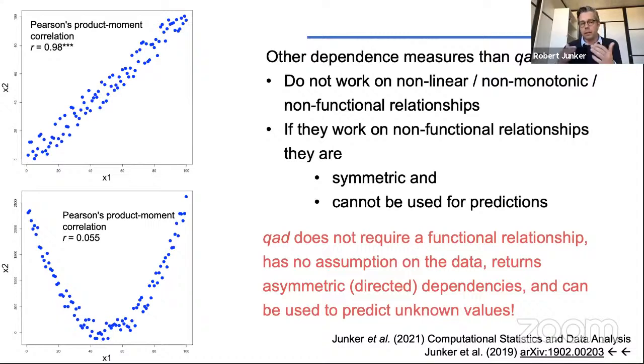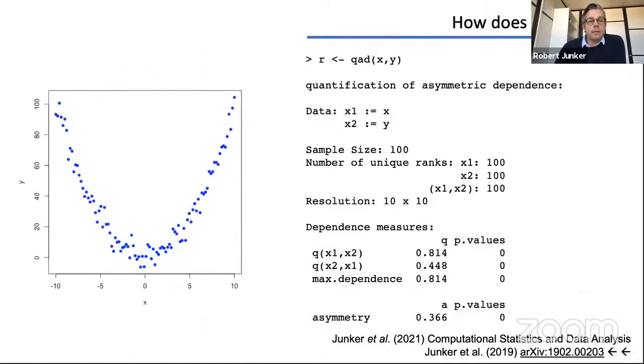So in the following, I will guide you through the R code that you can use in order to get these dependence measures and the predictions. And in the end, I will show you some examples of how we can use it. So first, we use the main function of the package. It's just QAD in brackets X, Y. So these are the two variables.